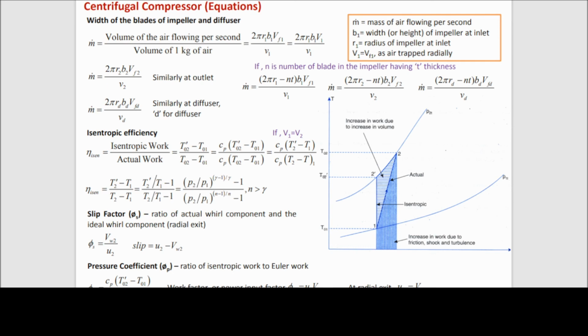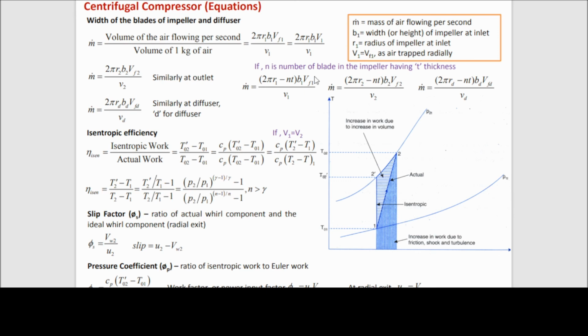The same thing. So volume flow rate per specific volume is equal to 2 pi r1 b1 vf1 by specific volume v1. So mass flow rate at the outlet is equal to 2 pi r2 b2 vf2 by specific volume v2.